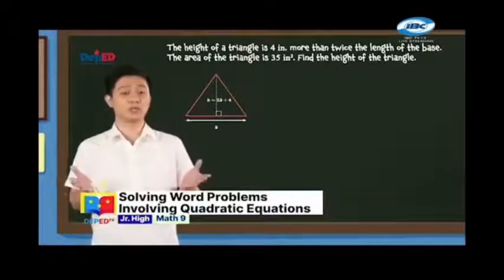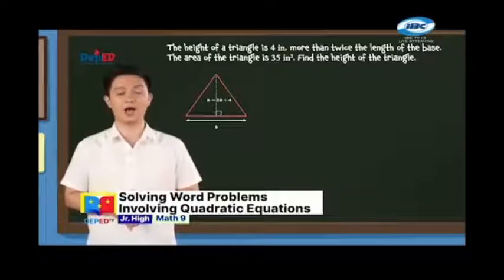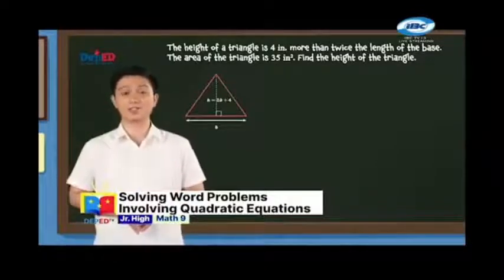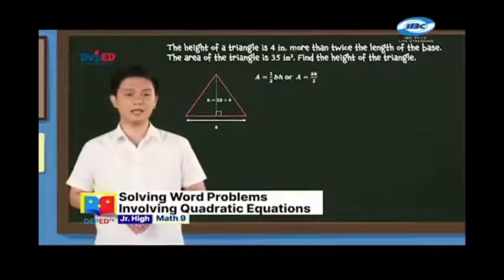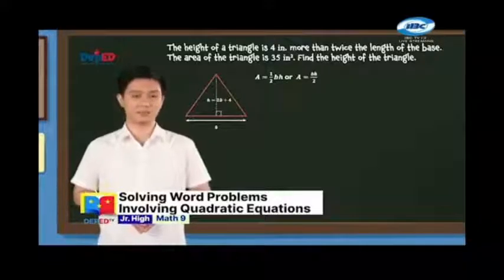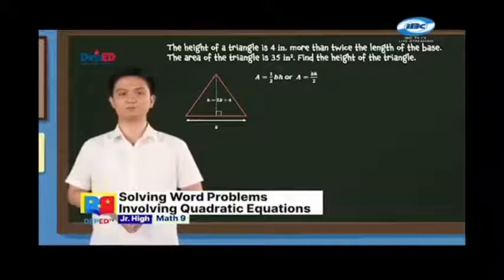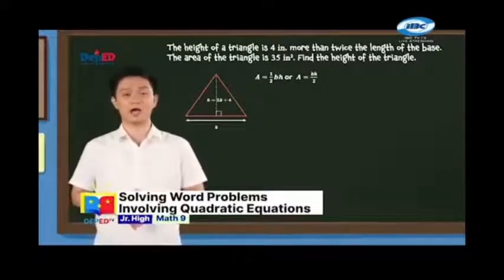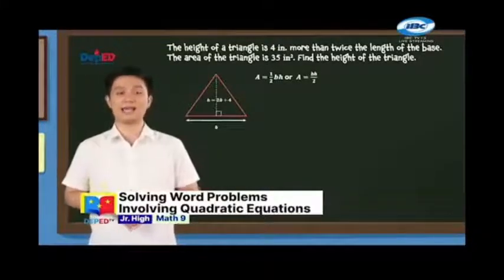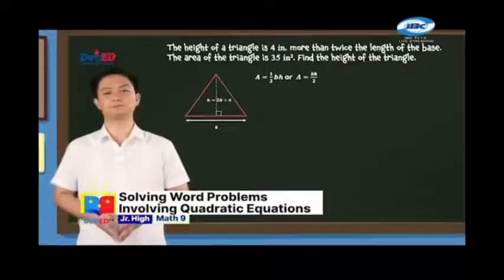Here, we need to recall the formula for the area of a triangle. It is described by the equation A equals 1/2 base times height, or A equals base times height over 2, where A is of course the area of the triangle, b is the base, and h is the height.